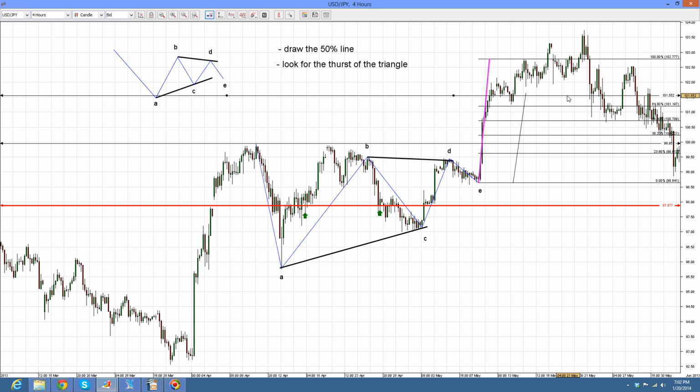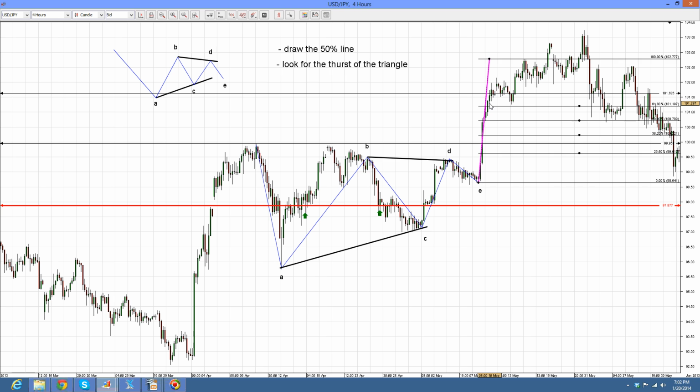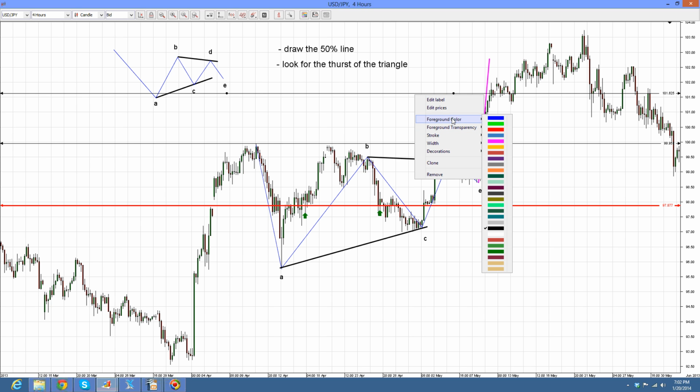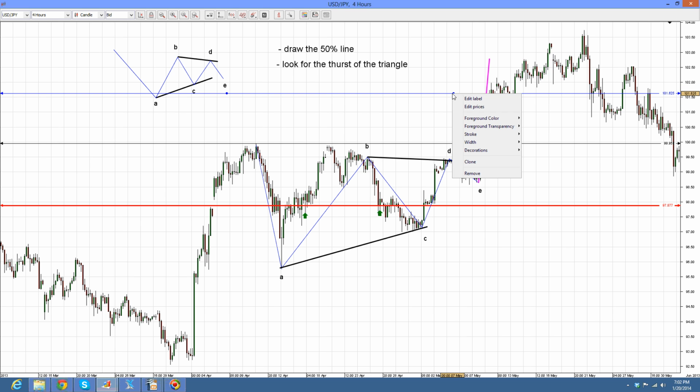So just take a horizontal line, trying to mark it something like that, and that would be the minimum target to the upside, or the measured move of the contracting triangle that should come after price is breaking the contracting triangle. So if you are looking to buy call options, or you're looking for price to explode to the upside after the contracting triangle is completed, then looking for the thrust of the triangle would be the logical thing to do.